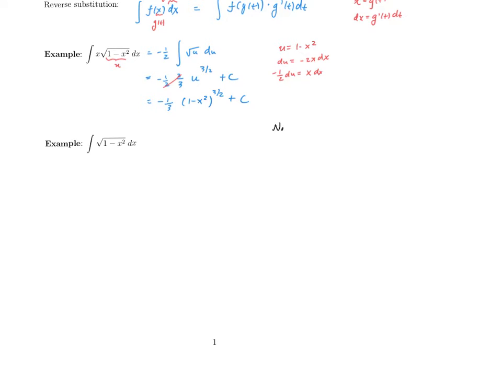So let's just make an observation to the side. The function we are integrating, we're thinking y is the square root of 1 minus x squared. And if we square, we could really rewrite this as x squared plus y squared equals 1.